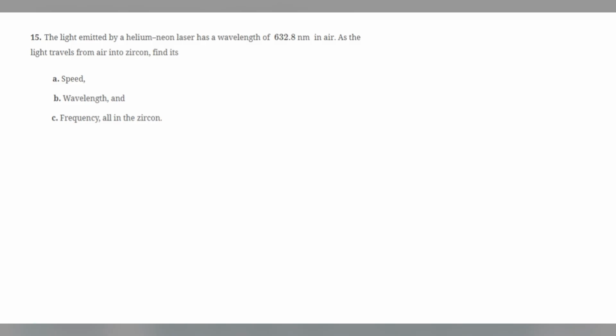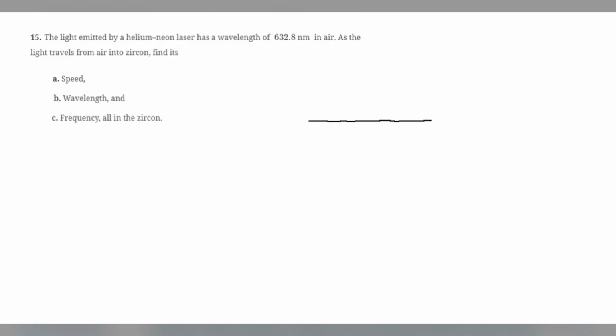All these speed, wavelength, and frequency of the helium neon laser must be when it is in the zircon. So, what are we doing? We will be, one more time, representing the boundaries between the two mediums.